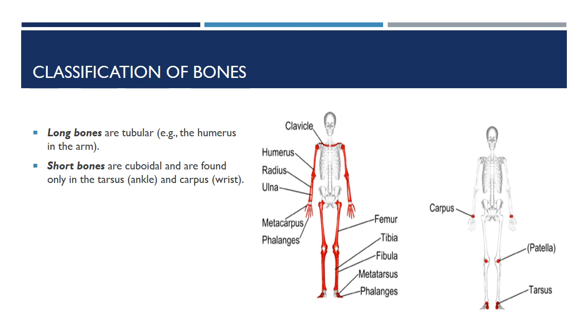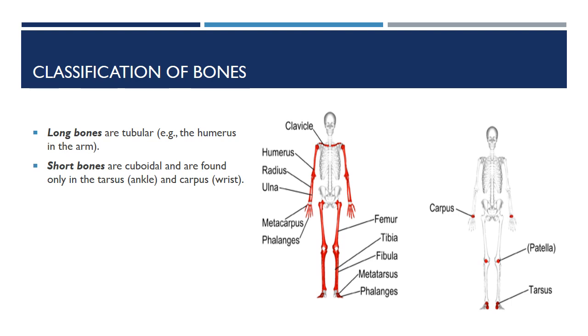Let's talk about the long bones. Long bones include the humerus, radius, ulna, femur, tibia, fibula, metacarpals and the phalanges. These are formed by the replacement of the hyaline cartilage plate through endochondral ossification, which we will discuss later in this lecture.